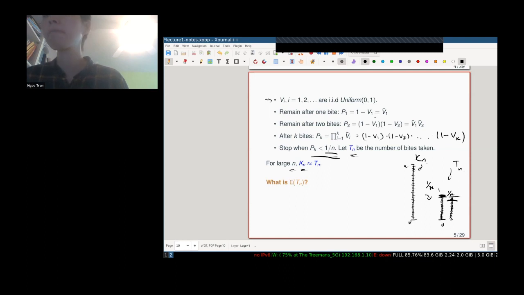So Kn is approximately Tn as random variables, in the sense that for really large n, these two distributions are not too far apart. So the point of doing this is hopefully that Tn is easier to work with. So what's the expected value of Tn?